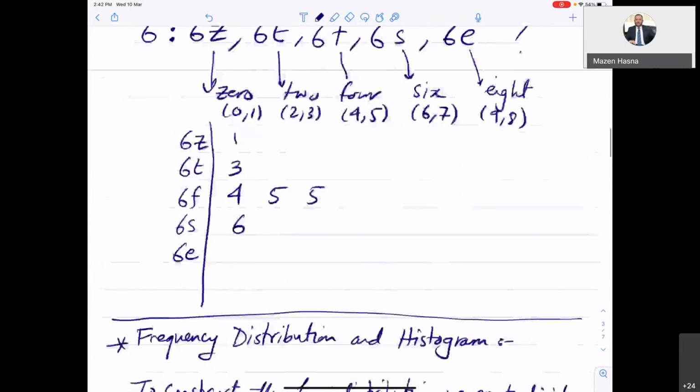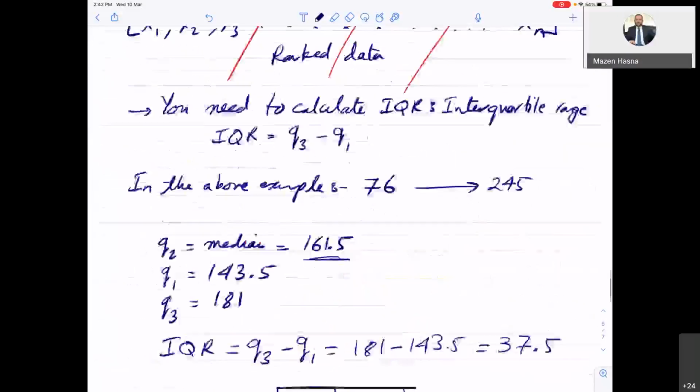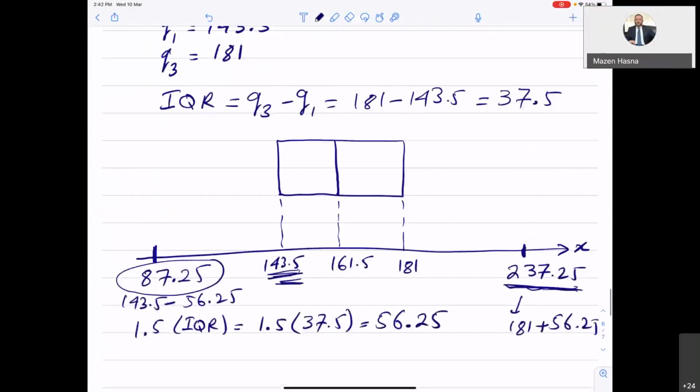So you plot a line that goes from the box all the way to 237. On the other side, we need to plot a line that goes to the point just above 87.25.